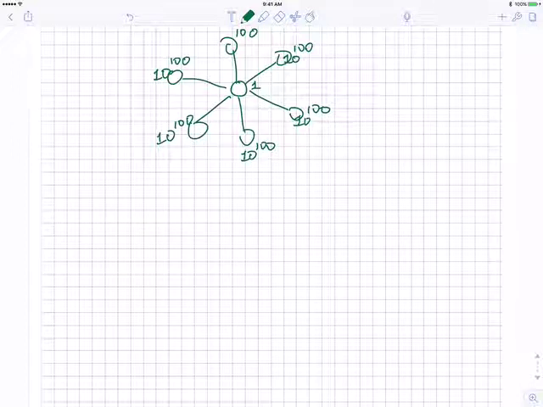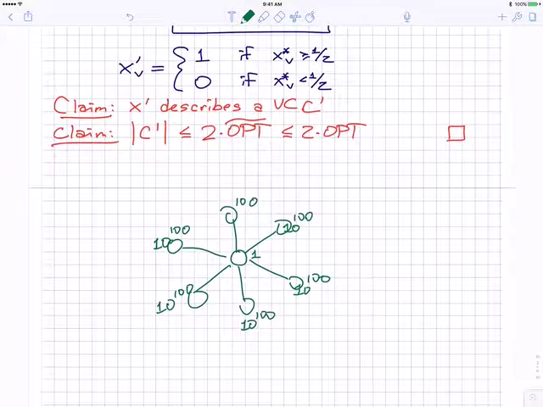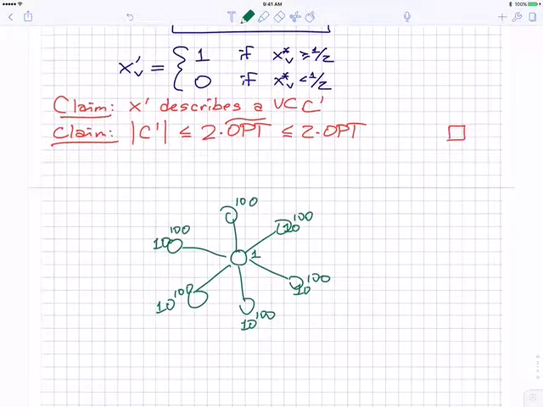The algorithm I'm about to show you, which gives you a log n approximation, generalizes to weighted versions of those more general problems in a much nicer way than this deterministic rounding algorithm.